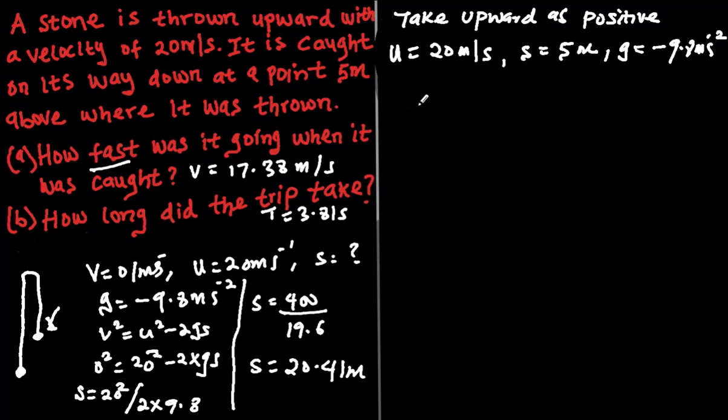We are looking for V. So what we can say is we use our equation of motion, or we do V squared equals U squared plus 2GS. So V is unknown, U is positive, that's 20 squared plus 2 times negative 9.8 now.